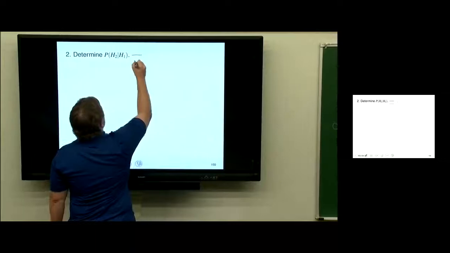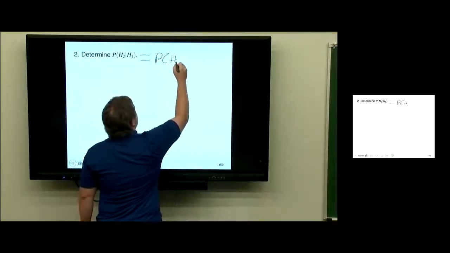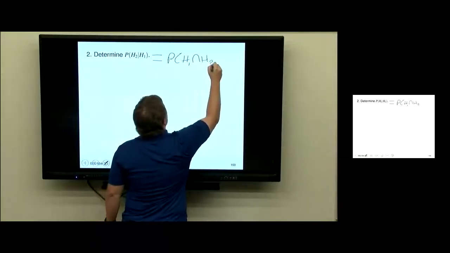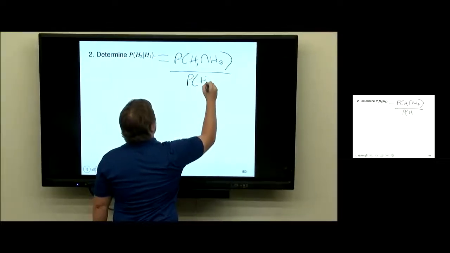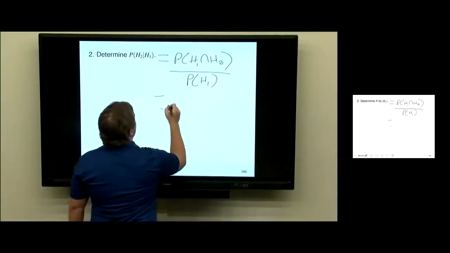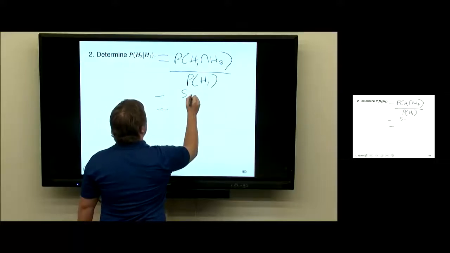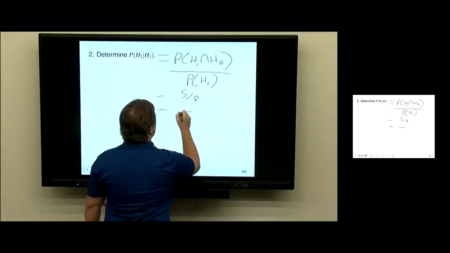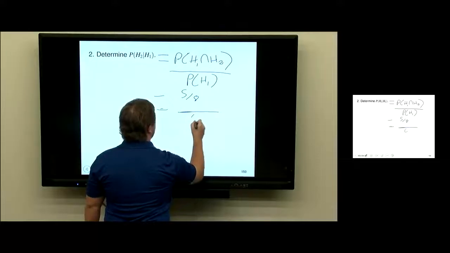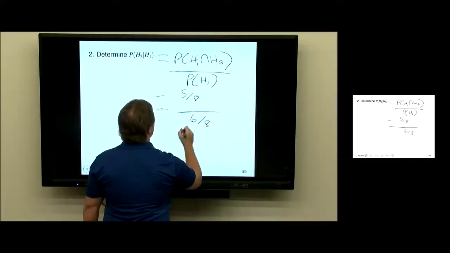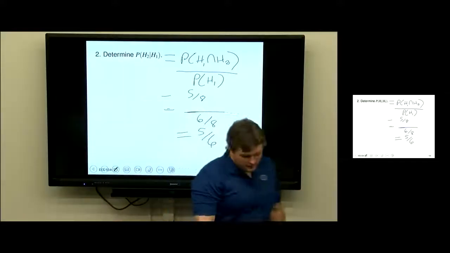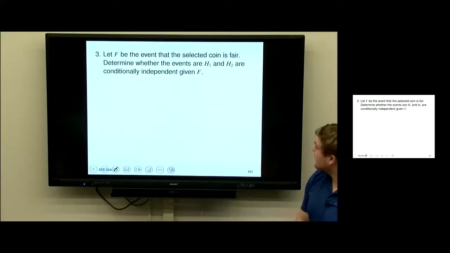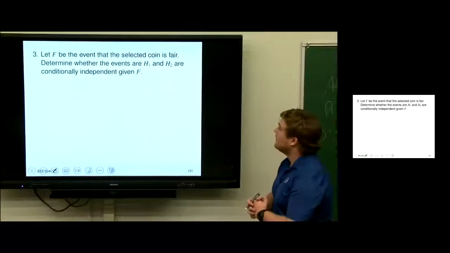So we can write this as the probability of H1 intersect H2 divided by, or renormalized by, the probability of H1, which we just found. This is 5/8 over 6/8, which equals 5/6.